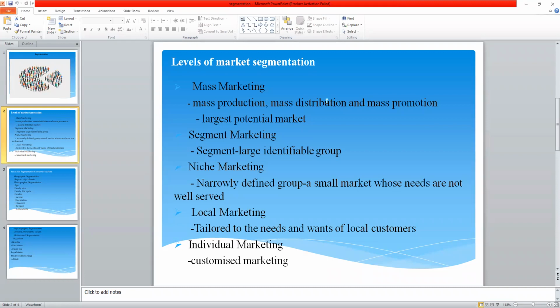In this case, we do not have a large pool of customers. The customers are very few as compared to segment marketing or mass marketing. They have their own set of needs also. The segments are fairly much larger and attract several competitors.